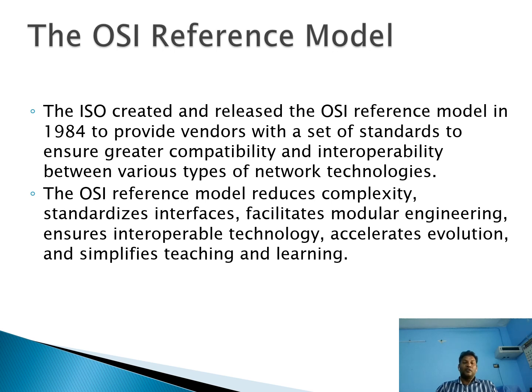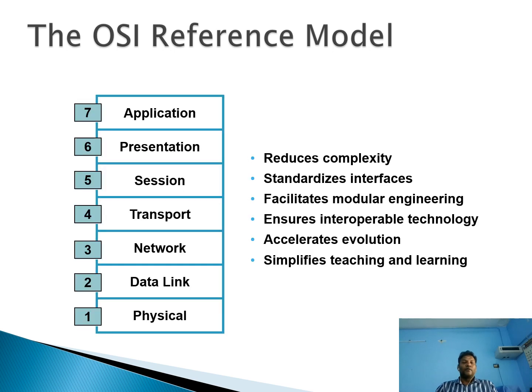Next, we are going to see what all the layers in the OSI model are. There are 7 layers in the OSI model. We have to read them in descending order: physical layer, data link layer, network layer, transport layer, session layer, presentation layer and application layer.